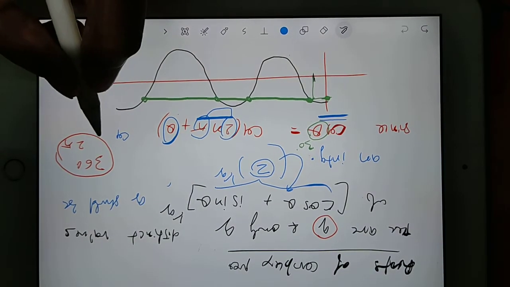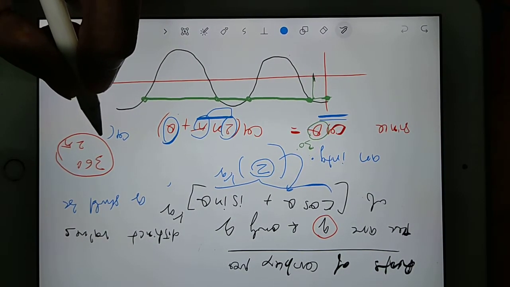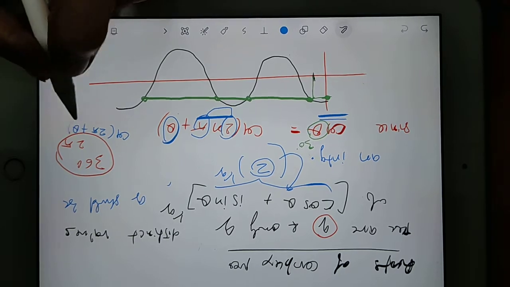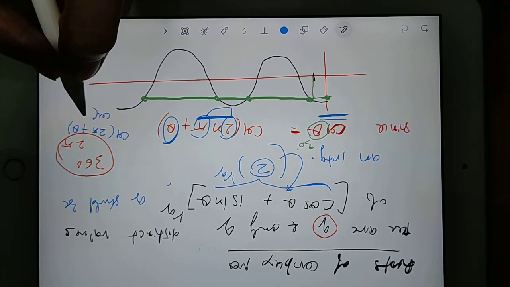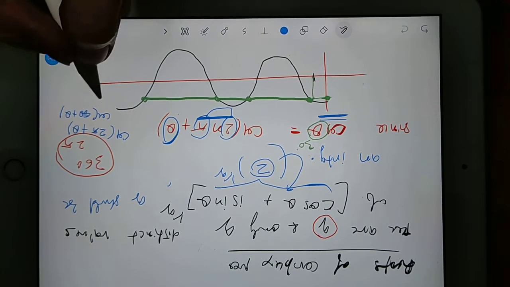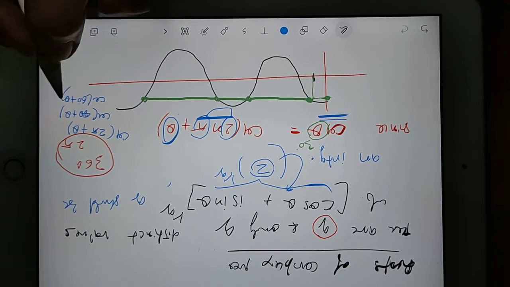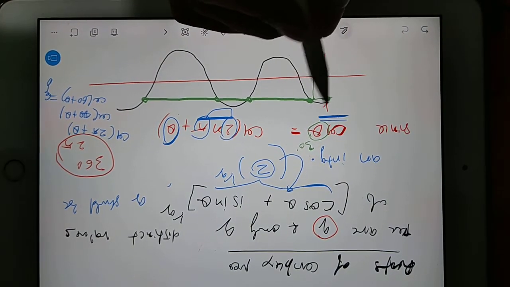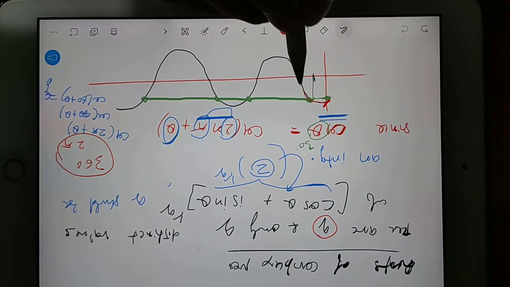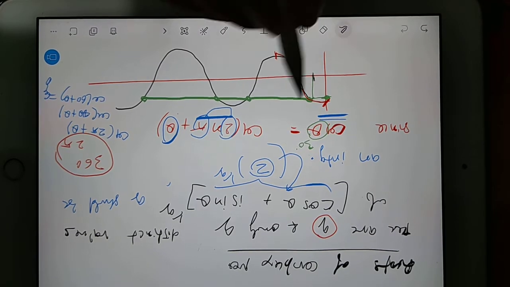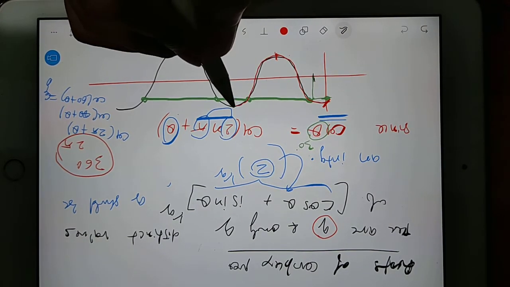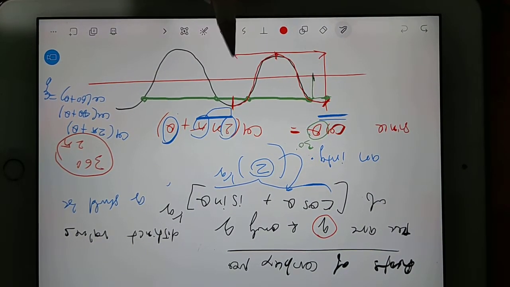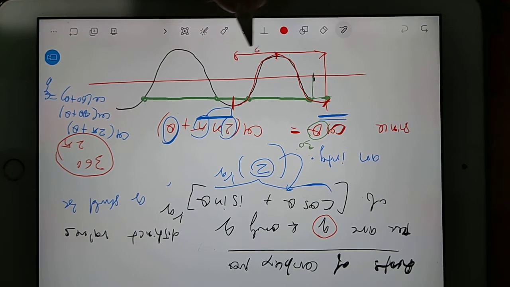If you consider cos 2 pi plus theta, or cos 4 pi plus theta, or cos 6 pi plus theta, they all will give you the answer cos theta. How? The graph starts from here, goes here, half finish, and then again half finish. From here to here, how much did you cover? You covered 2 pi.